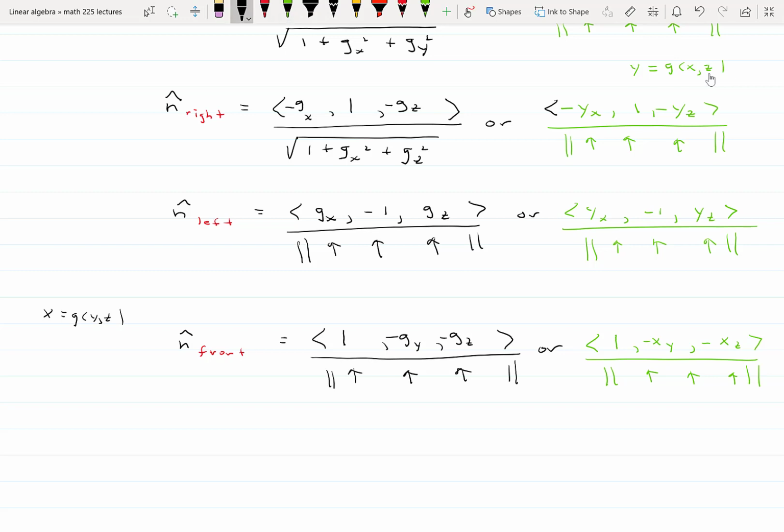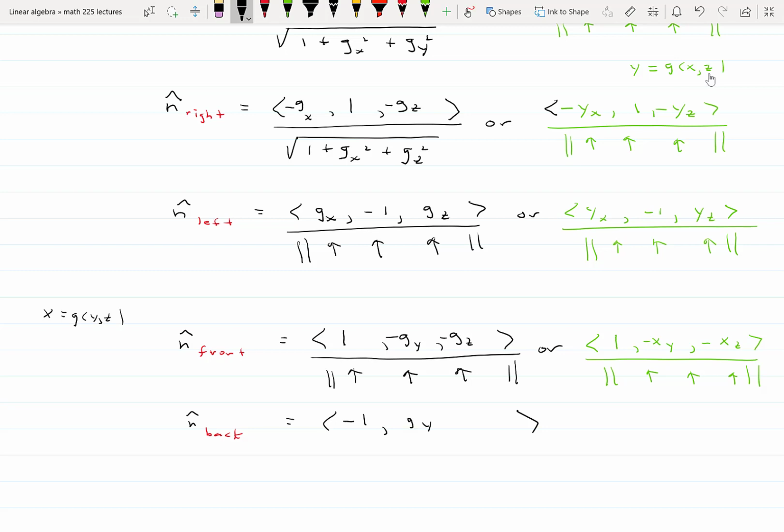Okay. So one more. Unit normal in the direction of the back direction. Well, front and back are both x directions. Front should have positive 1, back should be negative 1. In fact, just take the opposite of the vector above.